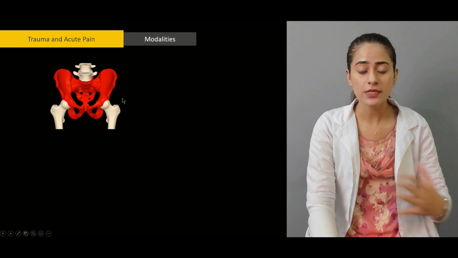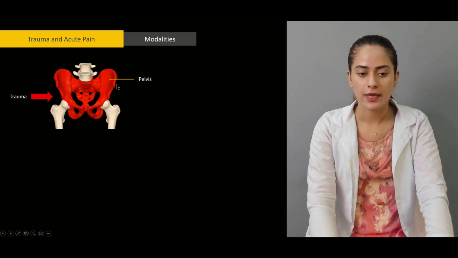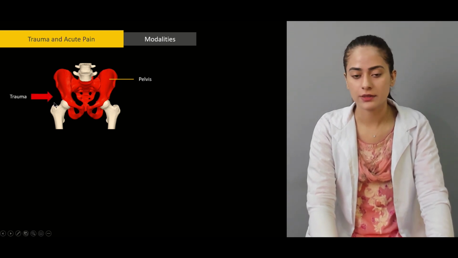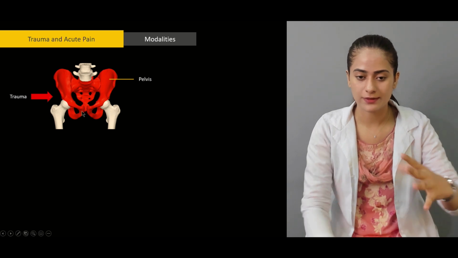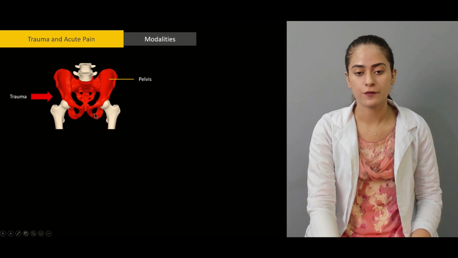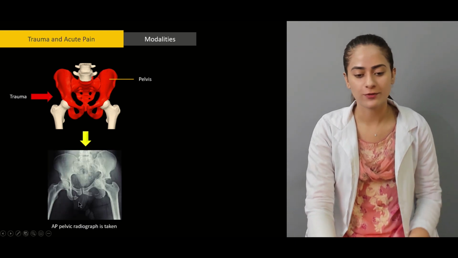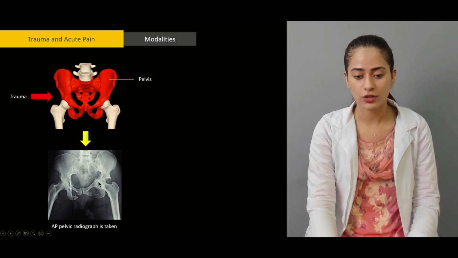Now specifically, let's talk about if there is some trauma to this area. Like I said, this is the pelvis, and if some trauma is directed towards this area of the body, then what happens is a fracture. So there is a dislocation here, a fracture here, a segment here, and a fracture segment here.